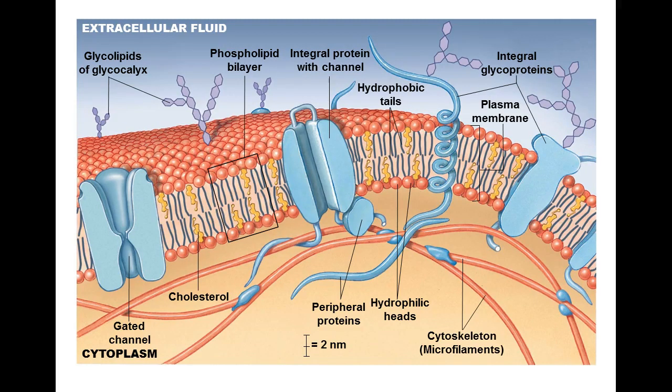And then finally we have the image that comes from your textbook with everything more or less labeled. And you do have your channel proteins, your integral proteins, you have your glycoproteins, and some of the anchoring proteins, and I don't see on this one a recognizing protein, but you do have those on the surface layer of the membrane that designates that cell as belonging to you as opposed to me.